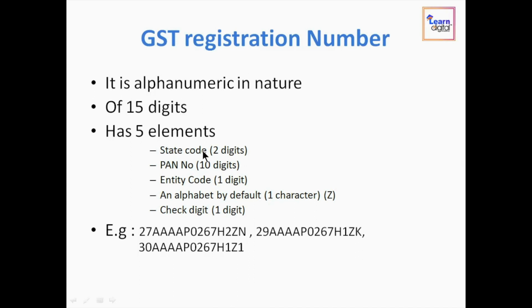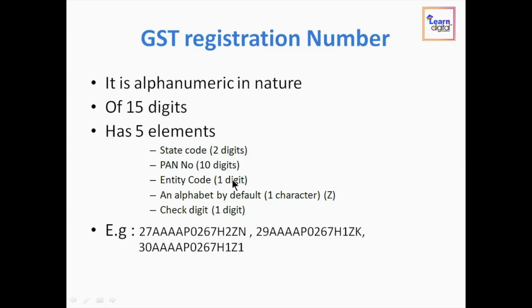So the first 2 digits indicate the state in which the GST registration is taken, or which state the supply of goods is from. Then the next 10 digits are the PAN number of the person, owner, or the business.